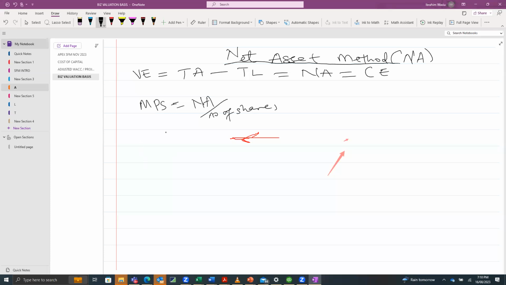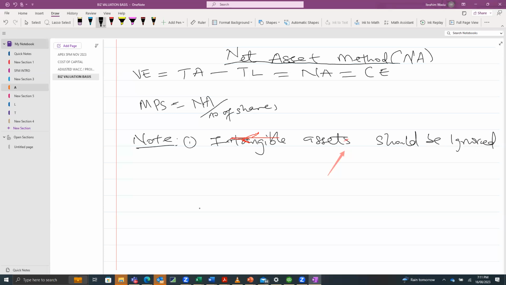So before we proceed, sir, you have to understand two things under the net asset method. The first one, intangible assets, that is non-current assets, should be ignored. That's one.